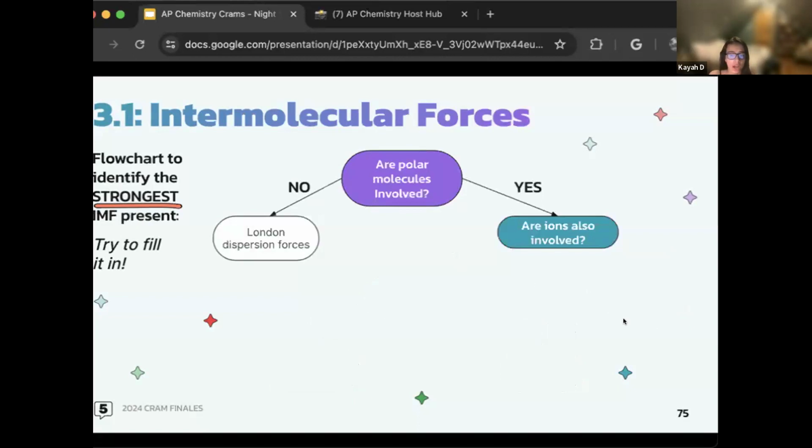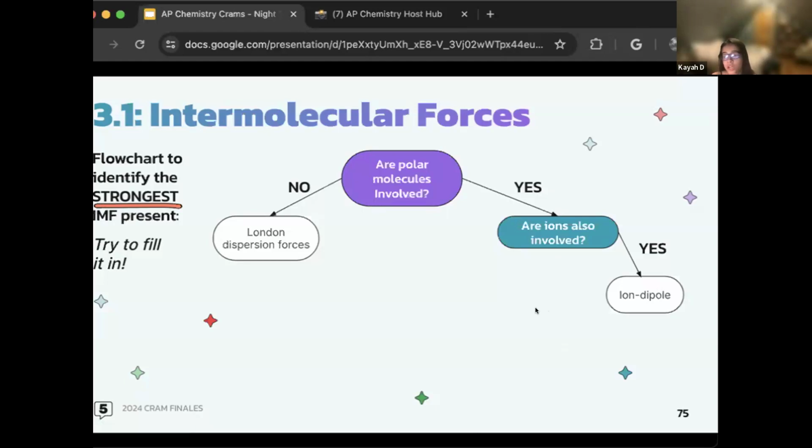But what if polar molecules are involved? Then we ask ourselves, are ions involved? And if ions are involved, then what do we have? Ion-dipole, guys, okay? Ion-dipole. But remember, it's like the name suggests. If you have a polar molecule and you have an ion, you have to have that ion-dipole, okay? It's always going to be an ion-dipole.